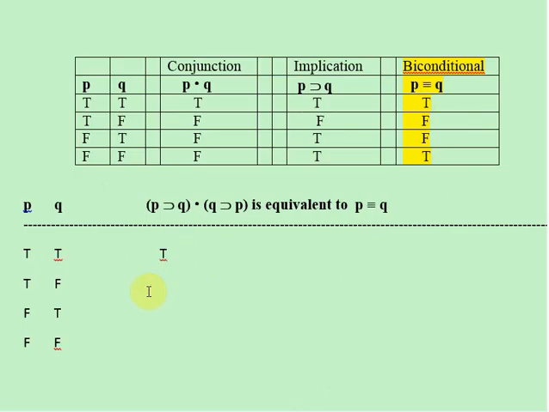The second row is the case in which P is true and Q is false. Well, remember, if T then F is F, and that's the case in which the consequent is false. And by the way, I'm using the implication table over here.